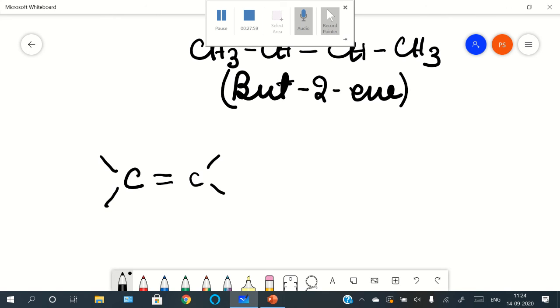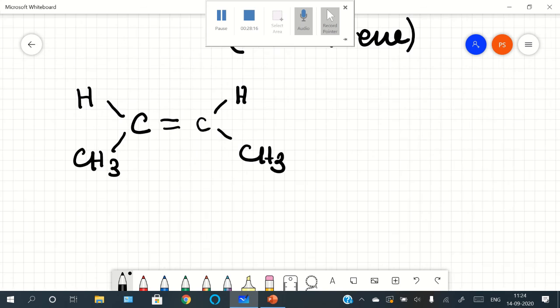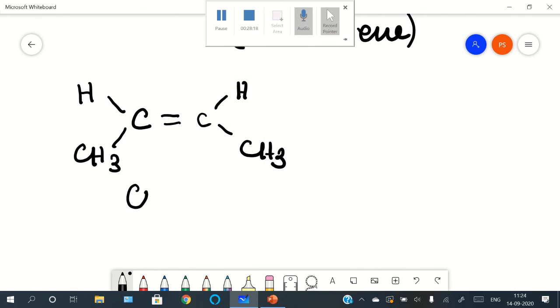Double bond cannot be rotated on the molecular axis. That's why the orientation of groups with respect to one another are fixed. If the similar atoms are placed on the same side, then it is cis-butene.